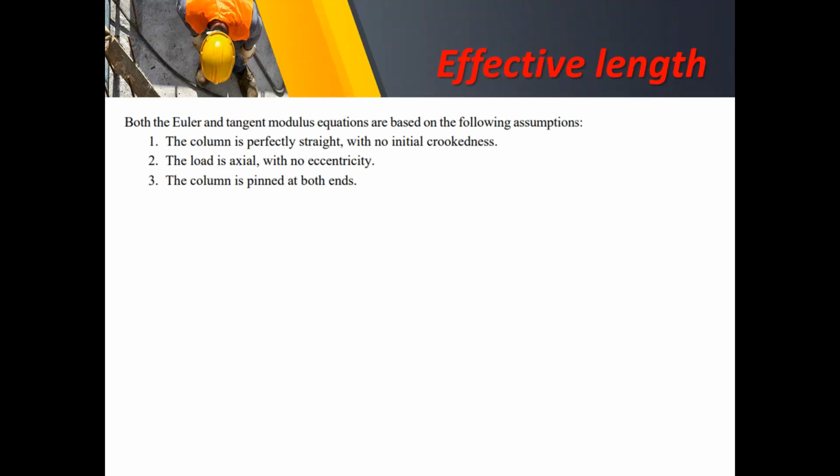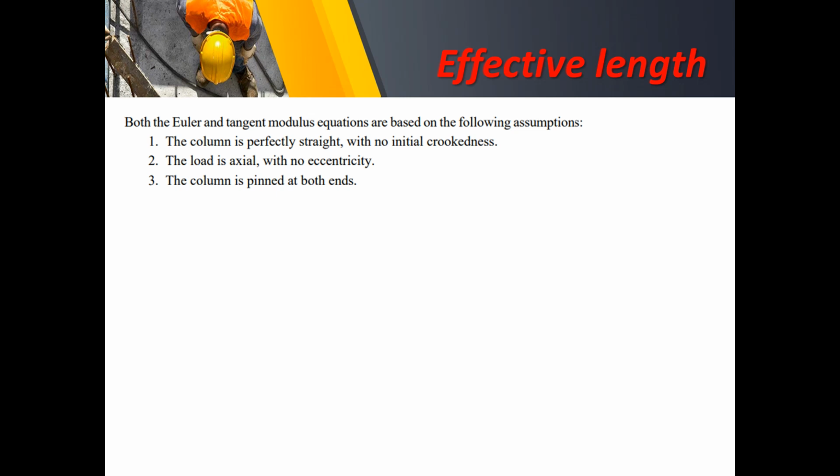So the concept of effective length is given by three conditions. First, the column is perfectly straight with no initial crookedness. Of course, there are also effects of the transshipment of these materials from the manufacturer up to the construction site, which will cause crookedness.